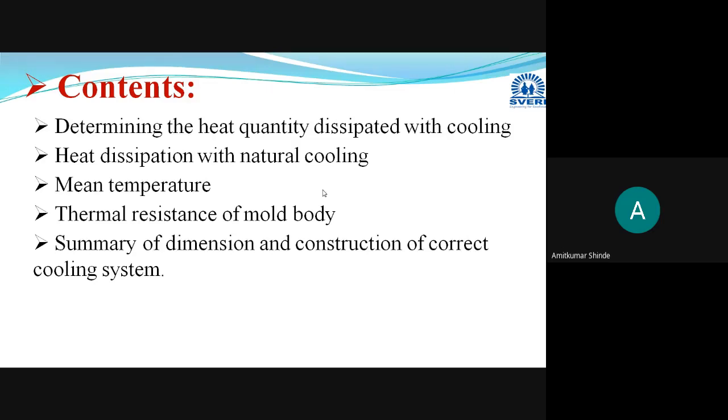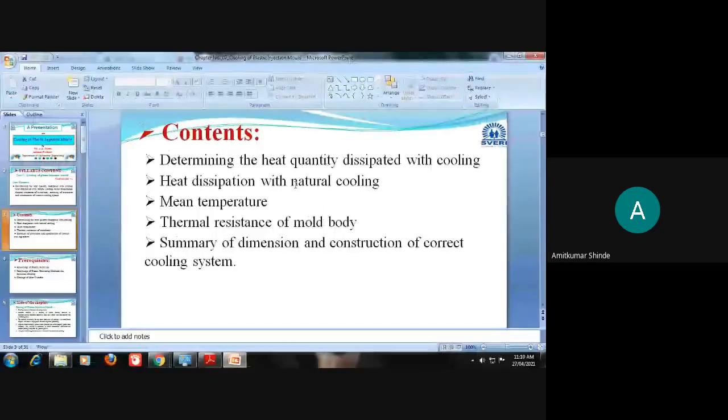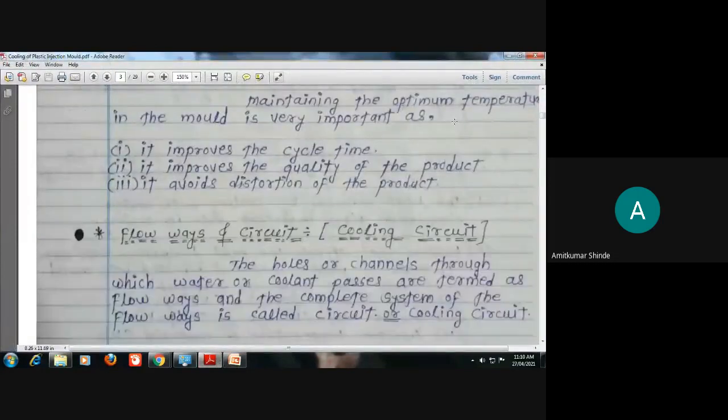First we will discuss heat dissipation with natural cooling, and then how the actual cooling occurs when we are providing the cooling fluid, or circulating the water through different channels in the mold. For that I have added one PDF file here. I will go through that PDF file.